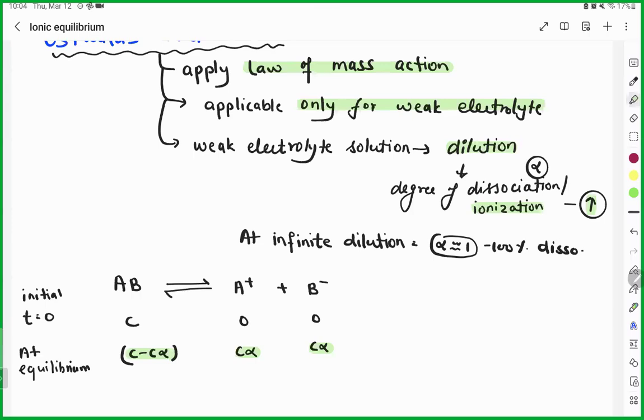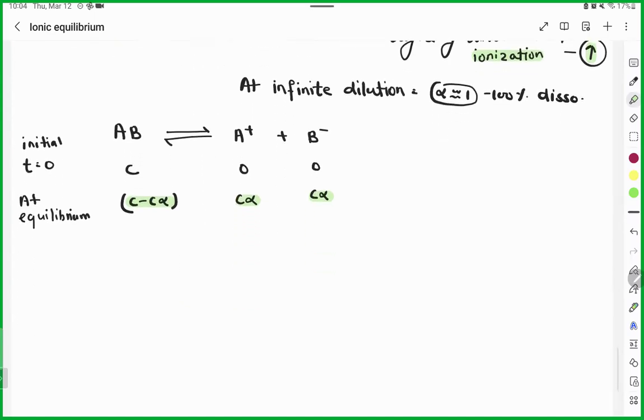At T0 there is no product, but after some time, some product will form. Do you remember? Any doubt? The same equation is given in your van't Hoff factor topic of solutions also.